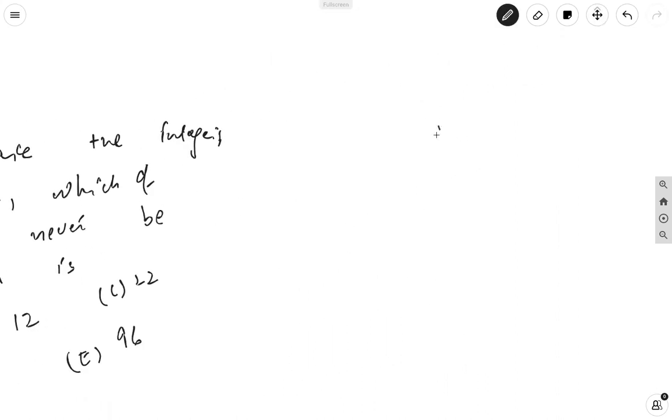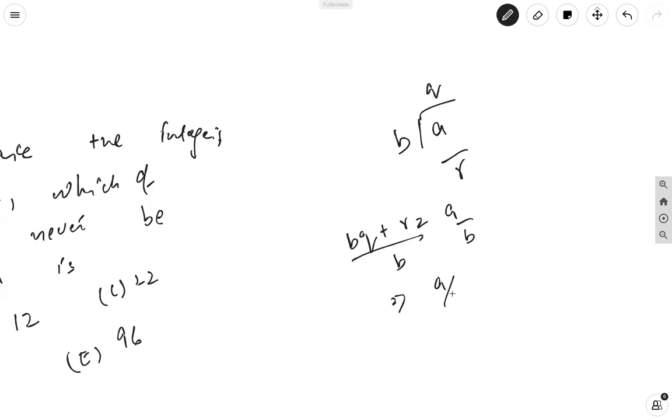First of all, when A is divided by B, let's suppose our quotient is Q and remainder is R. We can write this as BQ plus R is equal to A. If we divide both sides by B, this becomes A over B is equal to Q plus R over B. Divisor must be greater than remainder, so R over B has to be a fraction less than 1.